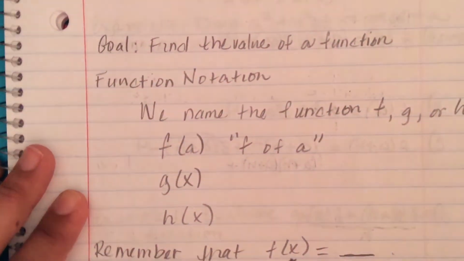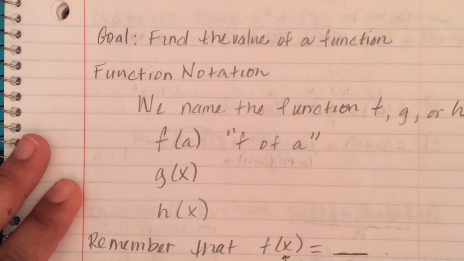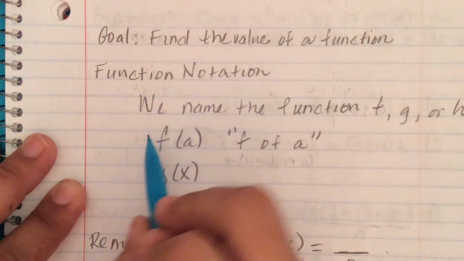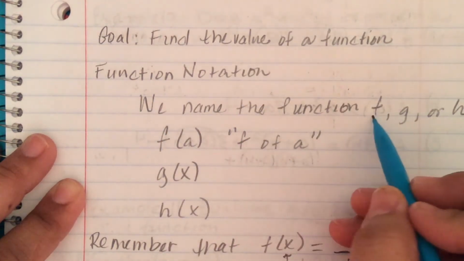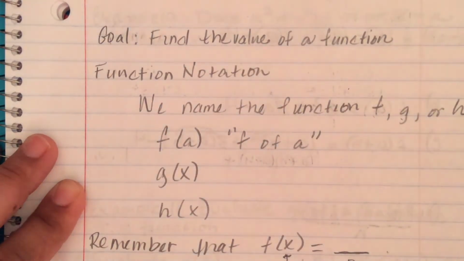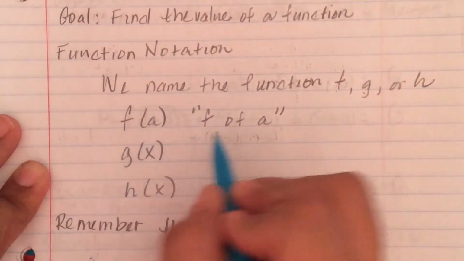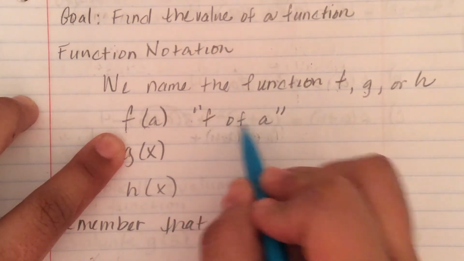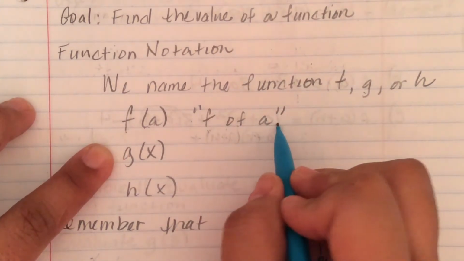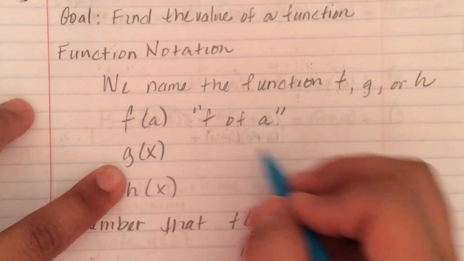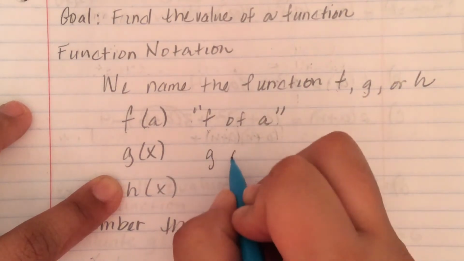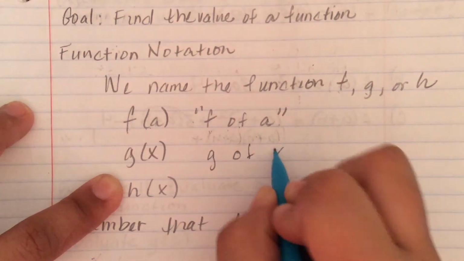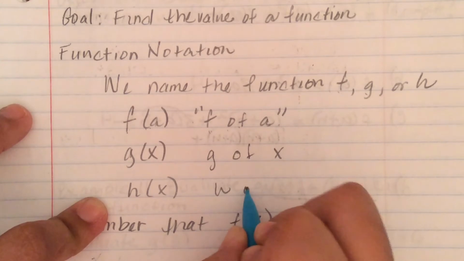So now we're going to find the value of a function. First of all, let's talk about function notation. We name the function f, g, or h, or even other names as well. If we have f of a, that does not mean f times a, it means f of a. f is a function of a. This would be g of x. g is a function of x, and h of x.